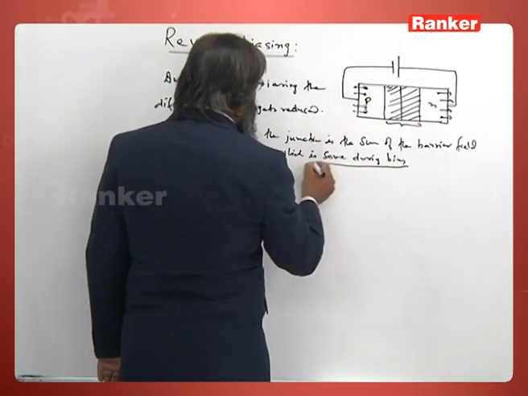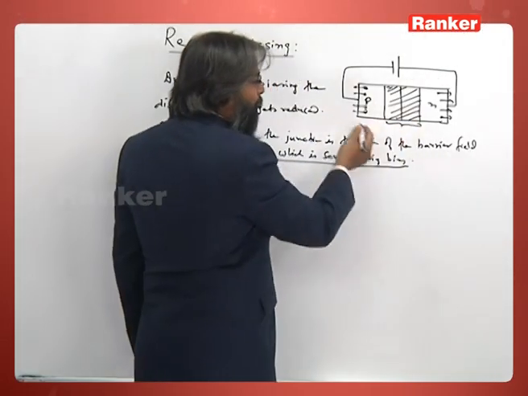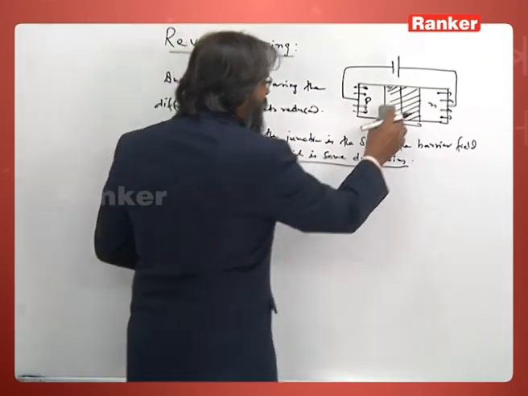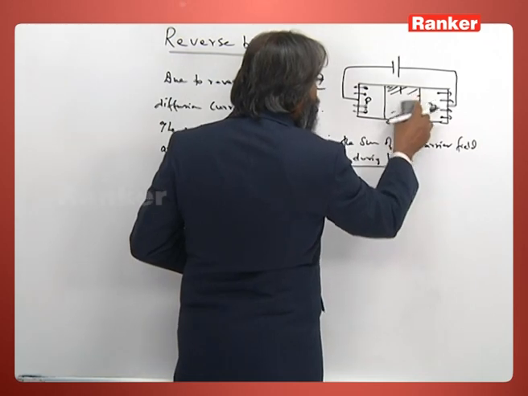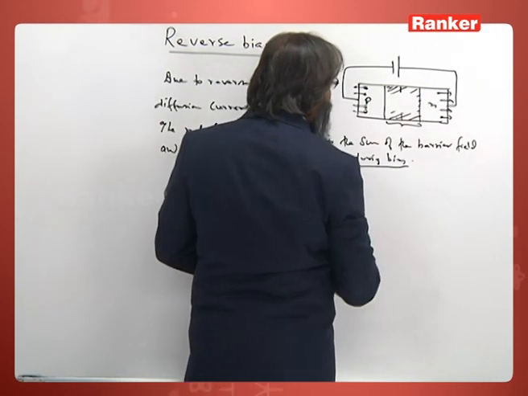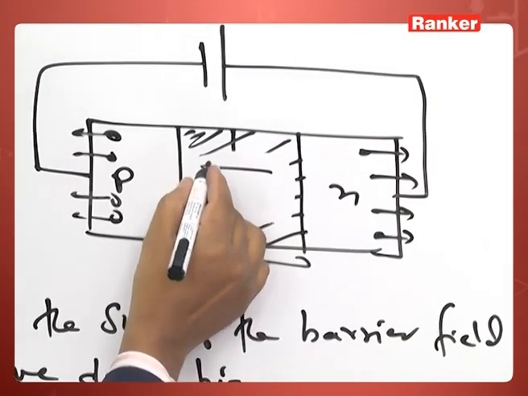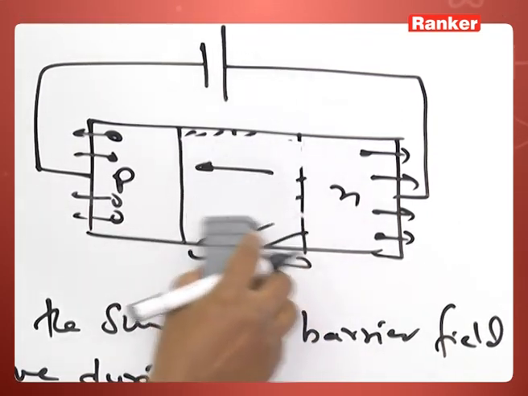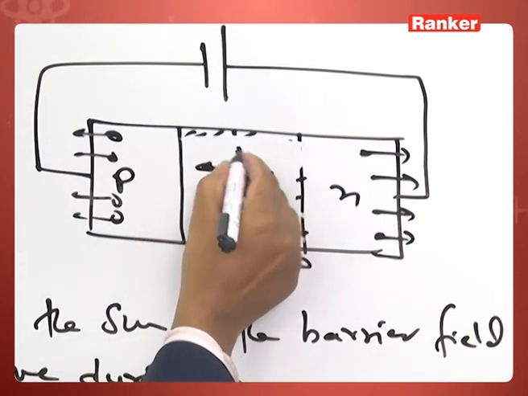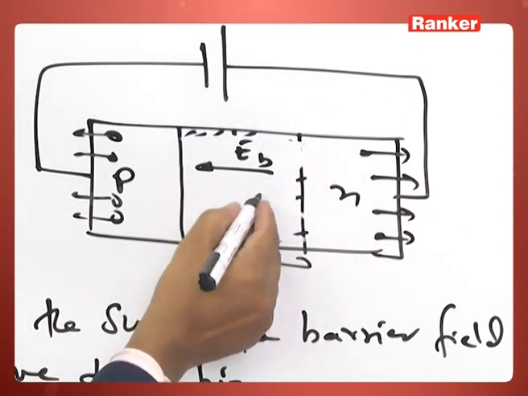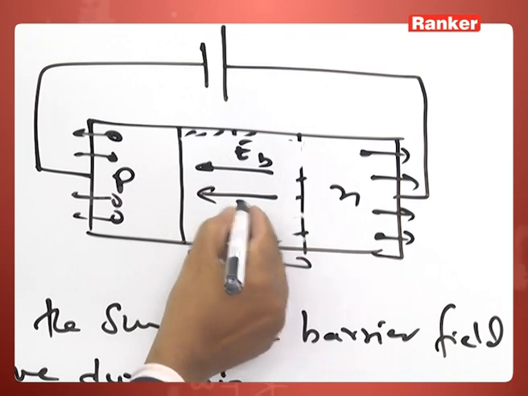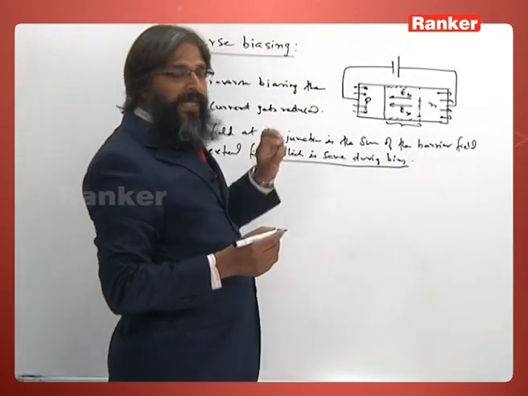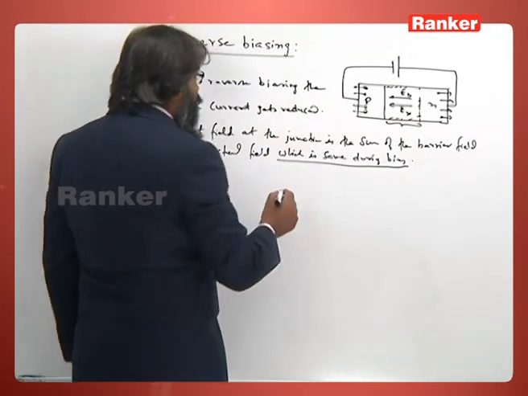This is an important point. During reverse bias, the field is the same. What field? At the junction, you see this is the junction depletion layer. This is the E barrier, the field due to these barrier charges, and this is E external. So the total field is the sum of these two fields and they are in the same direction.